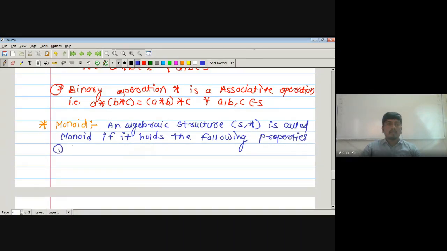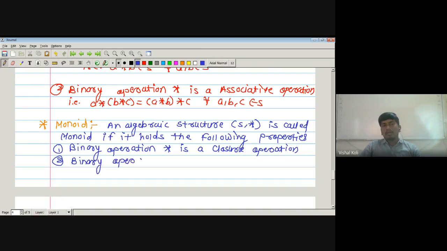First one, binary operation star is a closure operation. Second one, binary operation star is an associative operation.